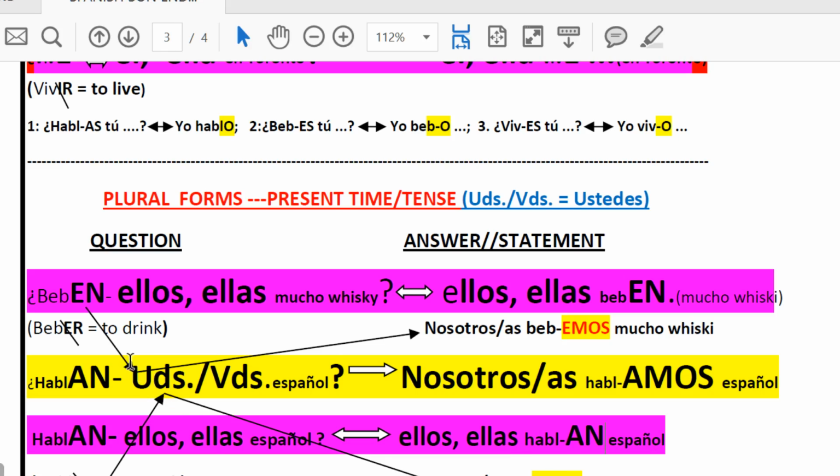Now we go on, as we did for the singular forms, to beben. Beben ustedes mucho whisky? And you get the reply, nosotros bebemos mucho whisky.